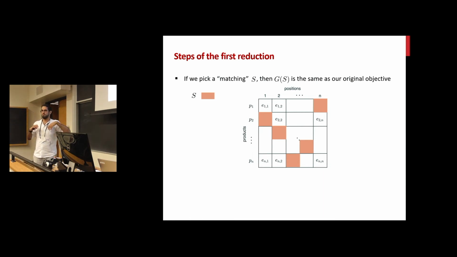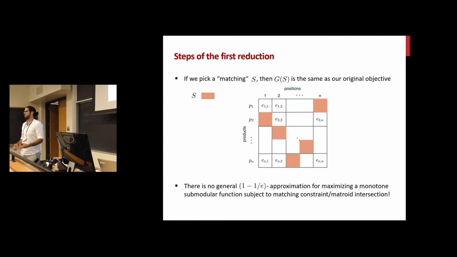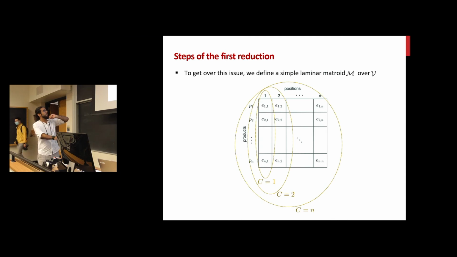So then it comes to mind that, hey, let's try to actually solve this problem. So the catch is maximizing a set submodular function subject to a matching constraint is not amenable to a 1-1/e approximation, simply because this is the intersection of two matroids. But now we can look at the relaxation of this problem when, rather than looking at the matching constraint, I'm going to look at the laminar matroid constraint.